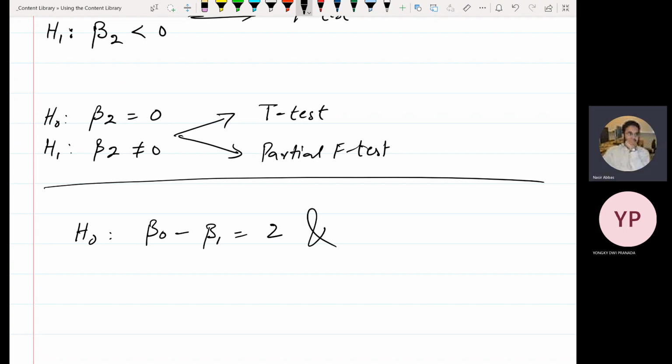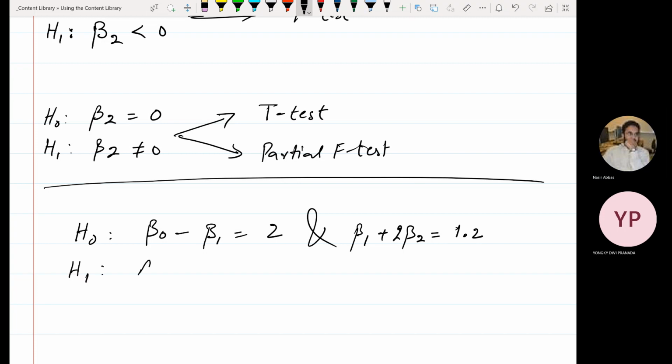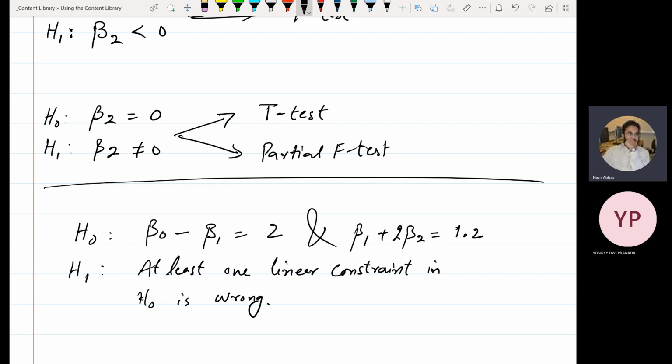Test this and beta 1 plus 2 beta 2 is 1.2, let's say, against H1, that at least one of the conditions in H1 is wrong.